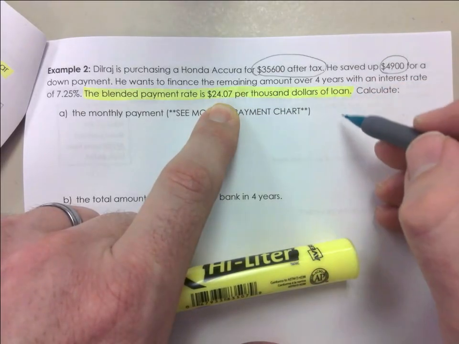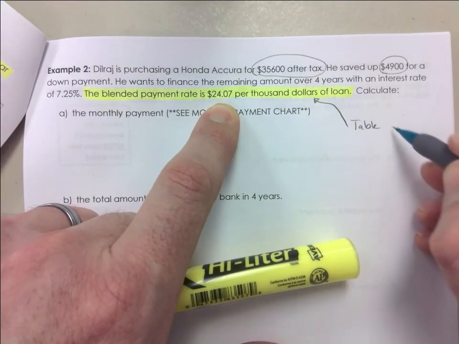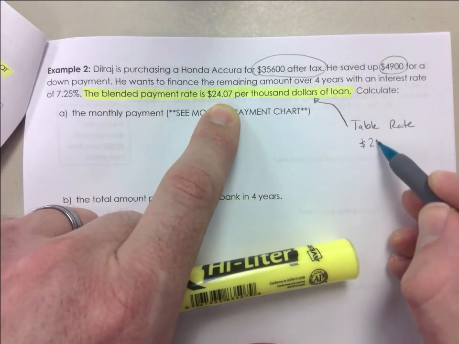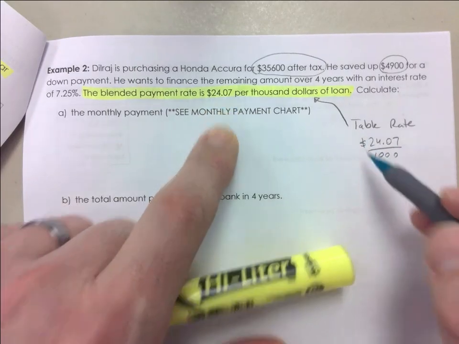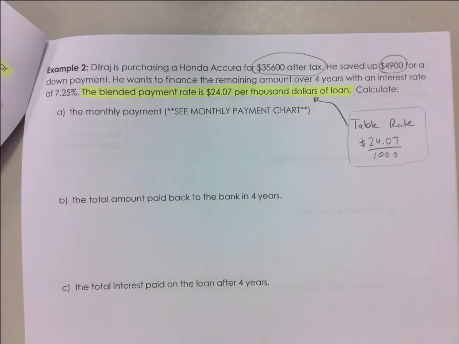So this is already the table rate. I'm going to make a note here: table rate. So it's basically 24.07 per $1,000 of loan. Can you go to page 32 and check it? Sure you can. If you want to, you can check it, but I already gave it to you. I'm going to stop talking for a little bit and just walk around.